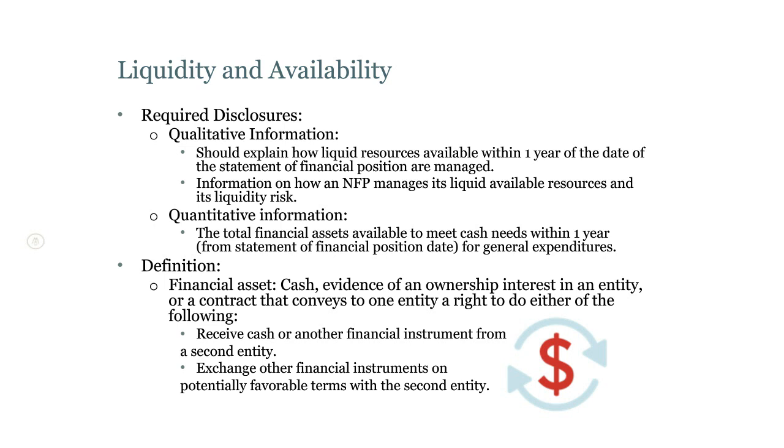And so those general expenditures that are coming up within the next year. Second, your organization will be required to disclose the availability of financial assets as of the date of the statement of financial position and what you have available to meet those needs for your general expenditures in the upcoming year.